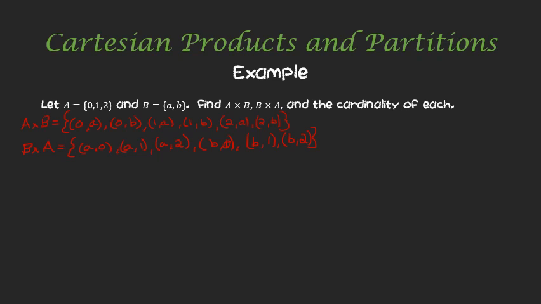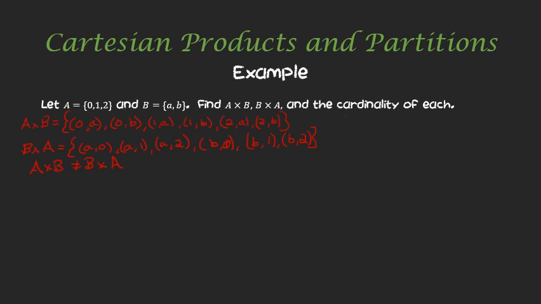Another thing to notice here is that A cross B is not the same thing as B cross A. They're not even subsets of each other. They just have totally different elements. The element (0, a), that ordered pair, does not show up in B cross A. You don't see a (0, a) anywhere, and (a, 0) is not the same thing as (0, a). So here is another non-commutative operation on sets. We're starting to get a lot of non-commutative operations.